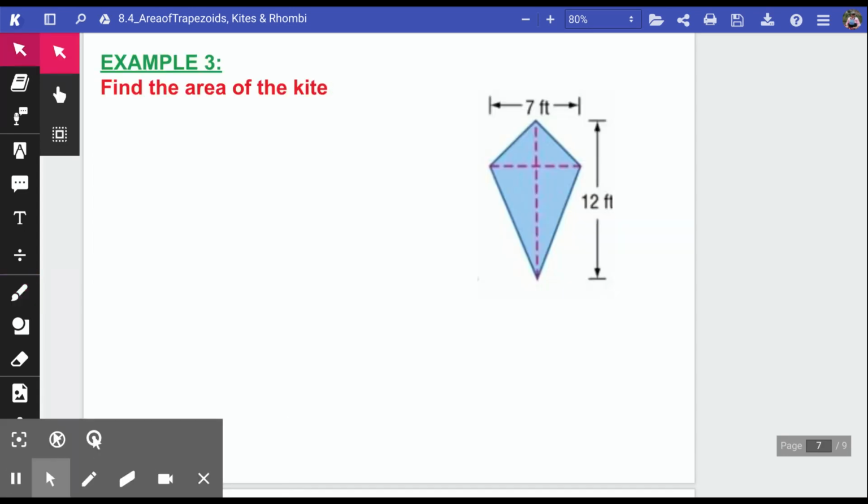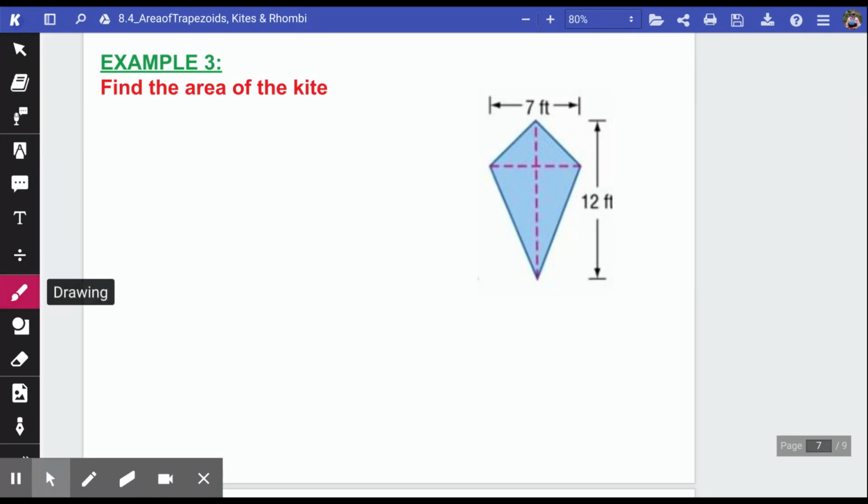Let's look at this first example. Find the area of the kite. When I see these values, this is the length of the diagonal right here, diagonal 1, diagonal 2. If I bring this down, I can see that that's the length of this diagonal right here.